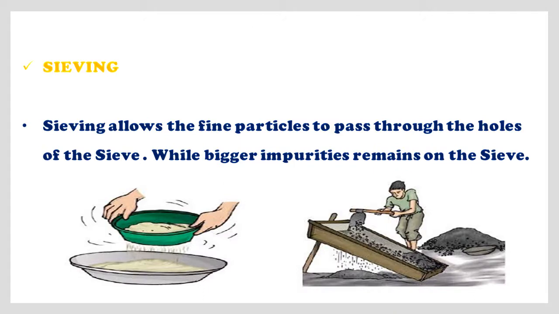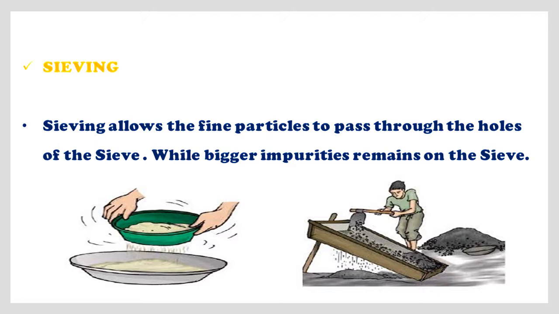Next is sieving. Sieving allows the fine particles to pass through the holes of the sieve, while bigger impurities remain on the sieve. Sieving is used to separate substances that are of different sizes. Observe the below given images. In this method, a sieve is used. The smaller components of the mixture can pass through the pores of the sieve, whereas bigger components of the mixture are retained by the sieve.